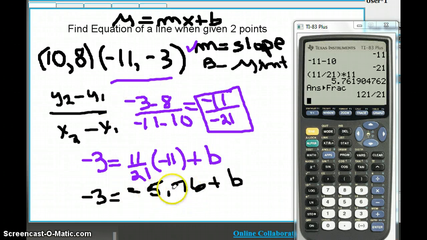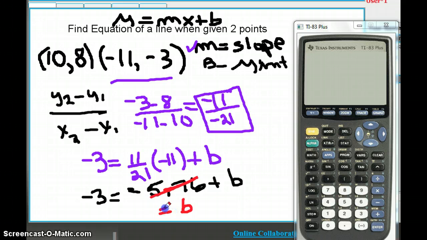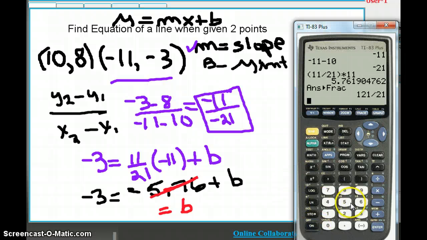So when we move the 5.76 to the other side, we're crossing it out. That means there's nothing here with the b. And we added 5.76, a negative, and we moved it over. It was a positive now. So we've added a positive 5.76 to our negative or minus 3.